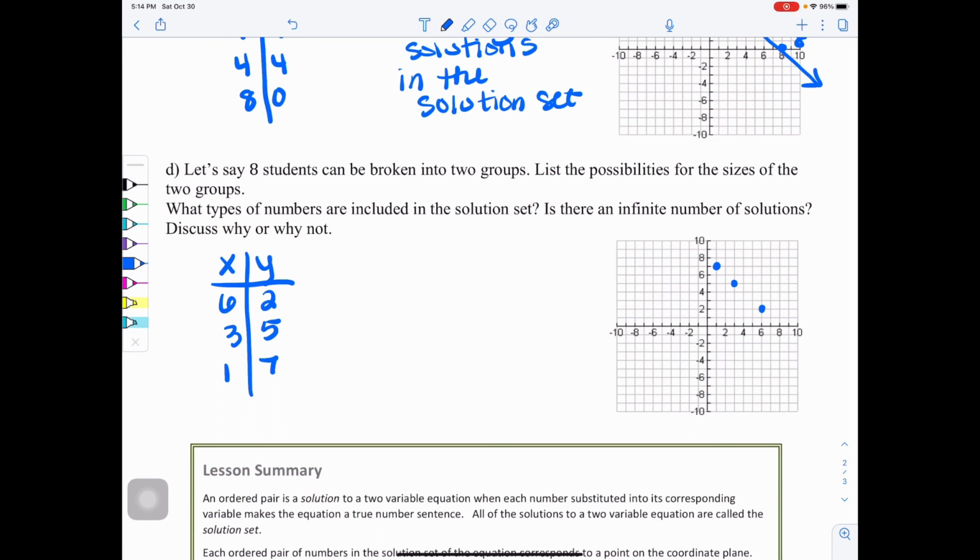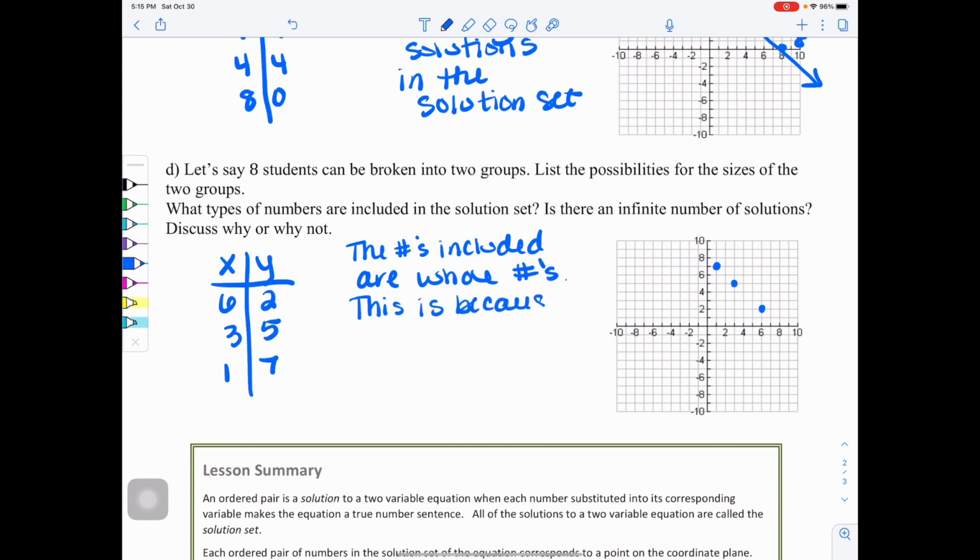No, we can't. So the numbers included here are whole numbers. This is because we are grouping students.